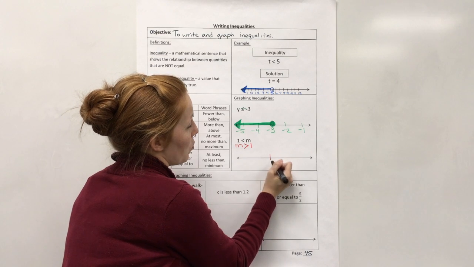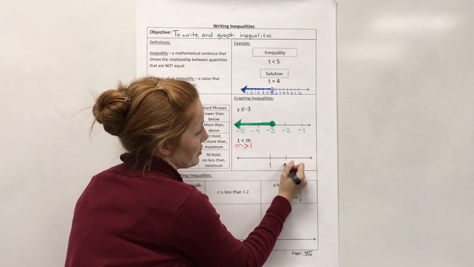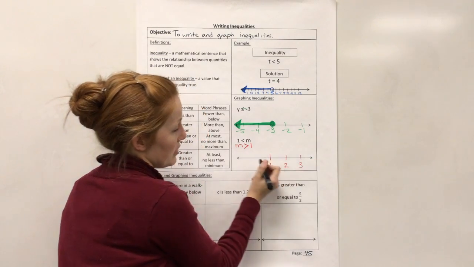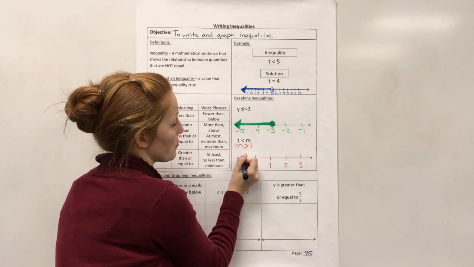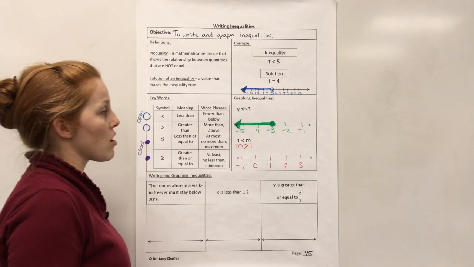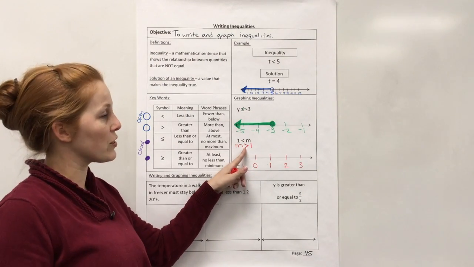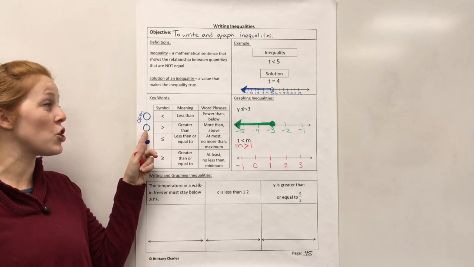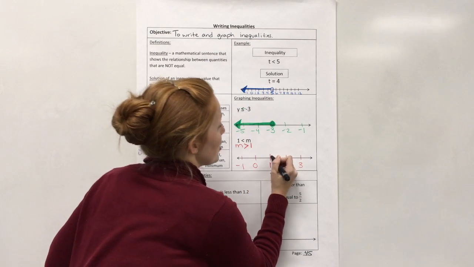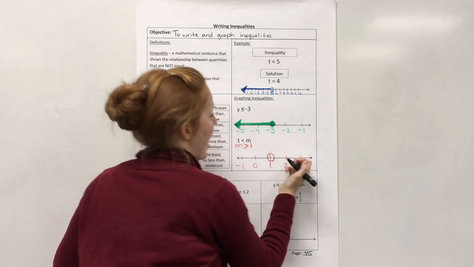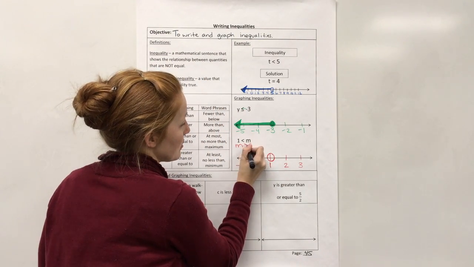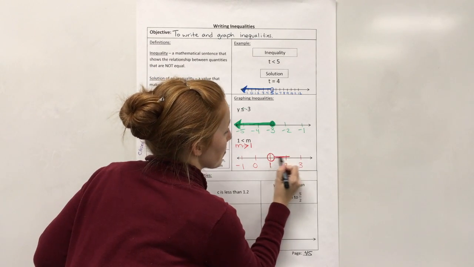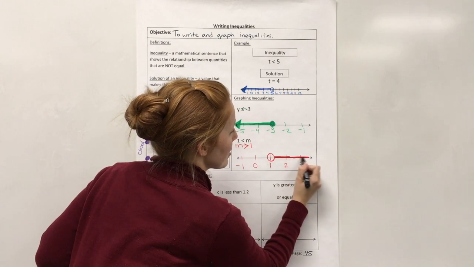So here I'm going to put a 1. So here could be 2, 3, and on this side would be 0 and -1. All right, and now I look here, it's a greater than sign, and I look right here, and it's an open circle. So I need to put an open circle. And then it's pointing to the right, so I'm going to make my arrow go towards the right.